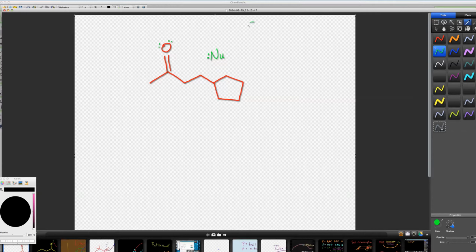So if my nucleophile is CH3 minus or NH2 minus, this can occur without having to use an acid catalyst. Best nucleophile attacks the most reactive electrophile. And now I've made a new carbon nucleophile bond, just to show you the transition state. And it's, again, tetrahedral.